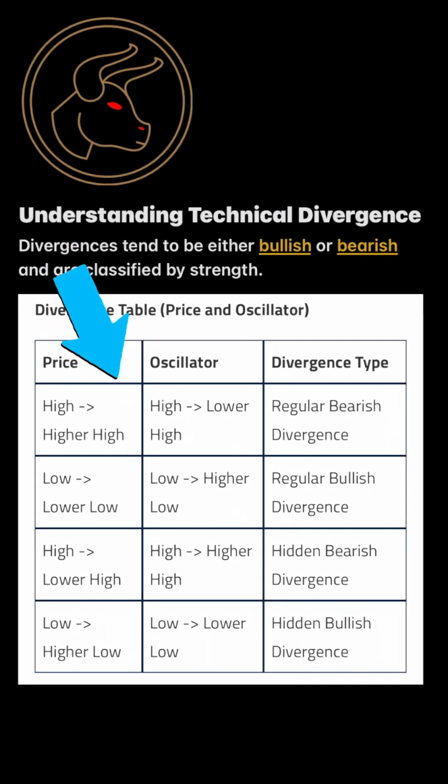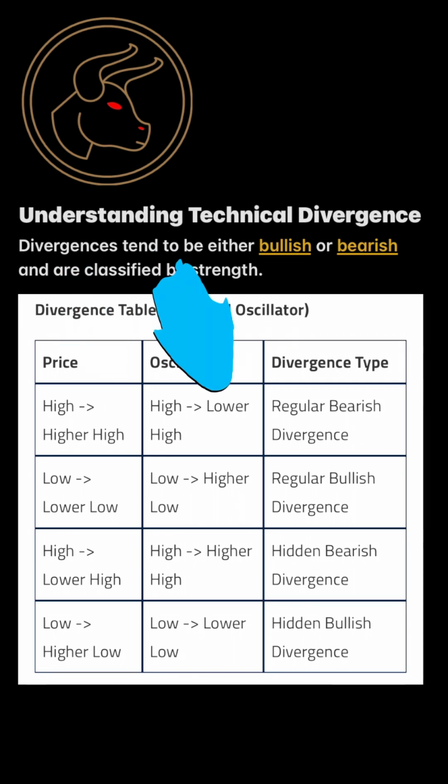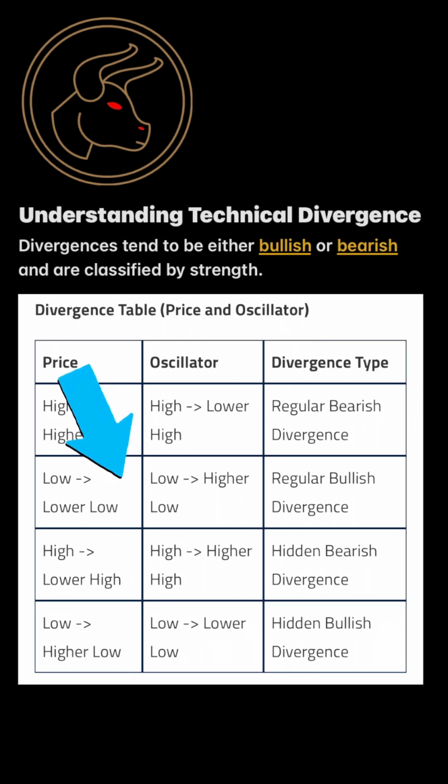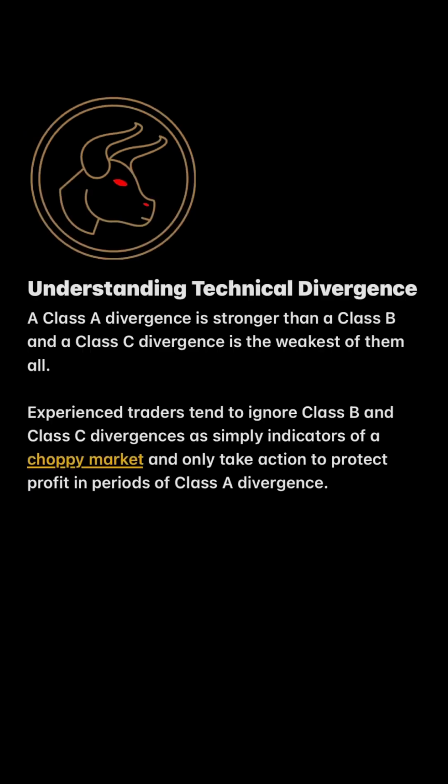We can see in the first example, when our price action goes from a high to a higher high, our oscillator goes from a high to a lower high, which equals bearish divergence. Now, on the other side of it, price action goes from a low to a lower low, oscillator goes from a low to a higher low, and that gives us regular bullish divergence. And you can see the hidden ones as well below.